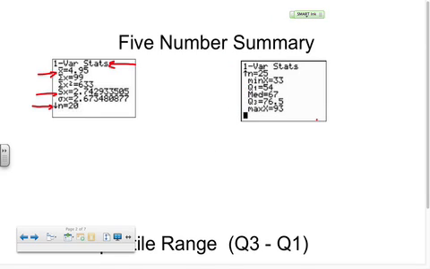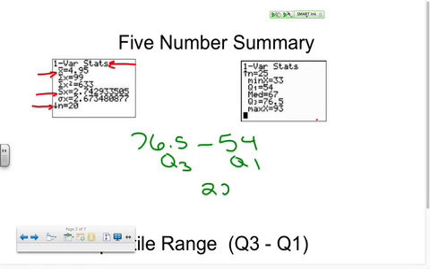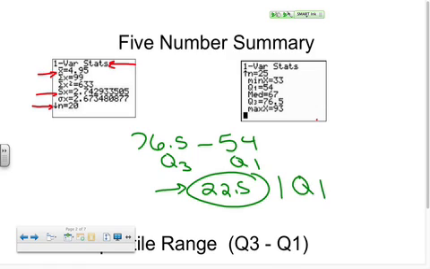So the interquartile range takes Q3, which is our third quartile, subtracts the first quartile, Q3 minus Q1, okay, and it gets us a number. We come up with 22.5. This tells us how many numbers are between quartile 1 and quartile 3. Okay, and that's called the interquartile range, or IQR.